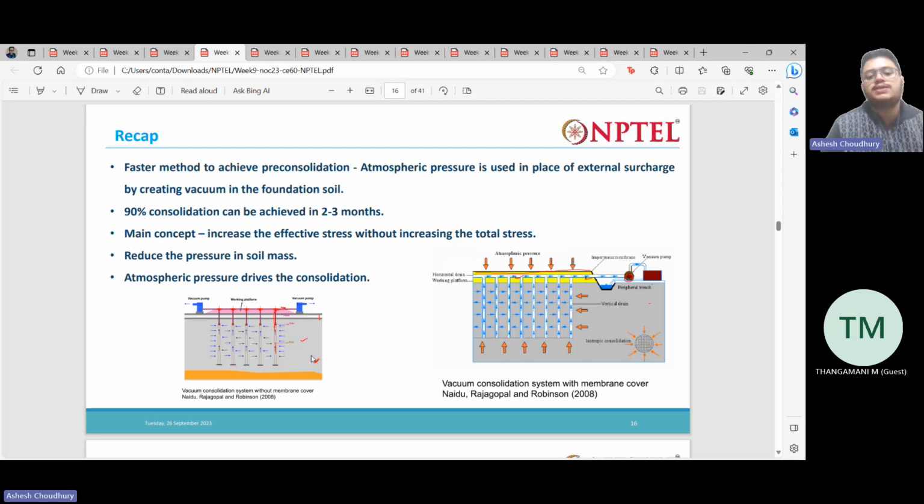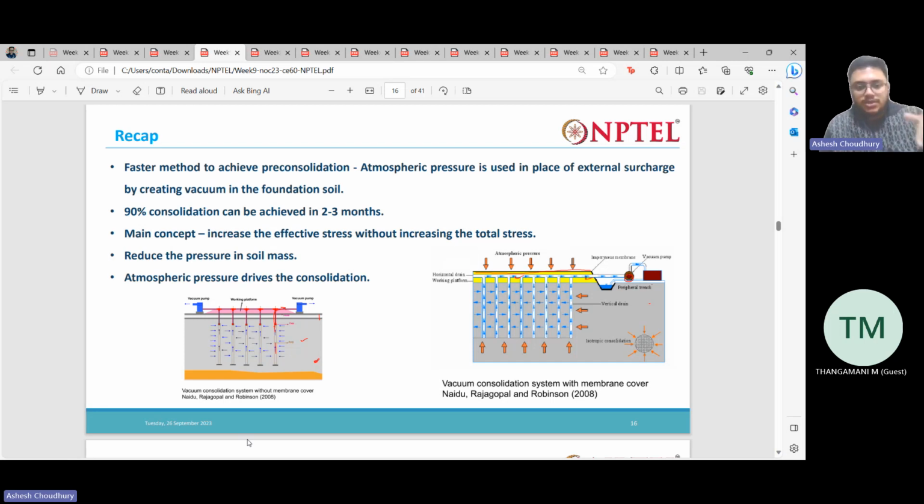Then one more thing we discussed was vacuum consolidation. Okay, what is vacuum consolidation? Generally, say we have PVDs given. What we need to do is provide some pressure. We need to increase the vertical pressure over the soil to give some overburden pressure so that the effective stress increases. When the effective stress increases, the pore water pressure is going to get reduced by drainage.